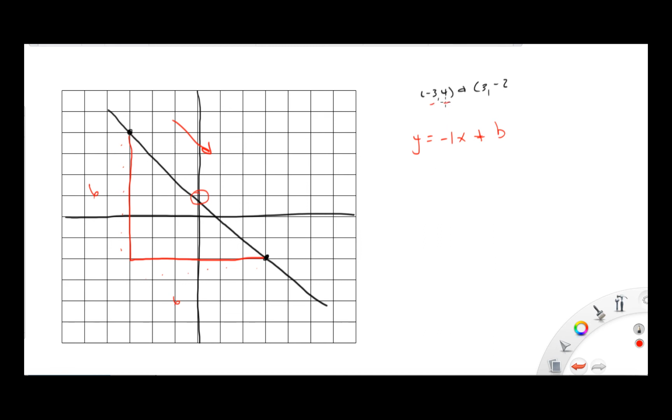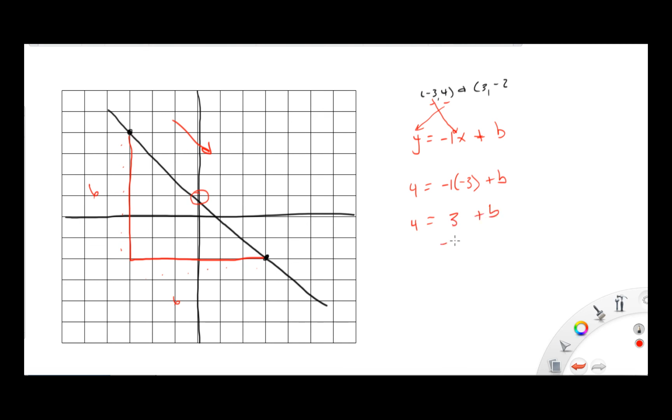So we're going to have to use these coordinates to substitute. All right. So we're going to take 4 and substitute for y. We're going to take negative 3 and substitute for x. So now our equation looks like 4 equals negative 1 times negative 3 plus b. Okay, which means that 4 equals, and then negative 1 times negative 3 is a positive 3 plus b.